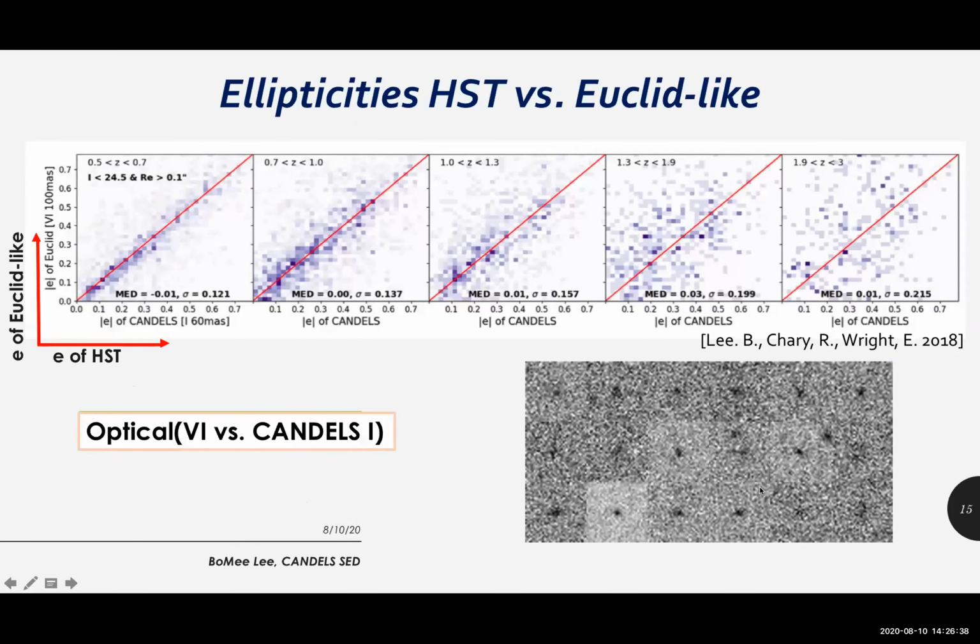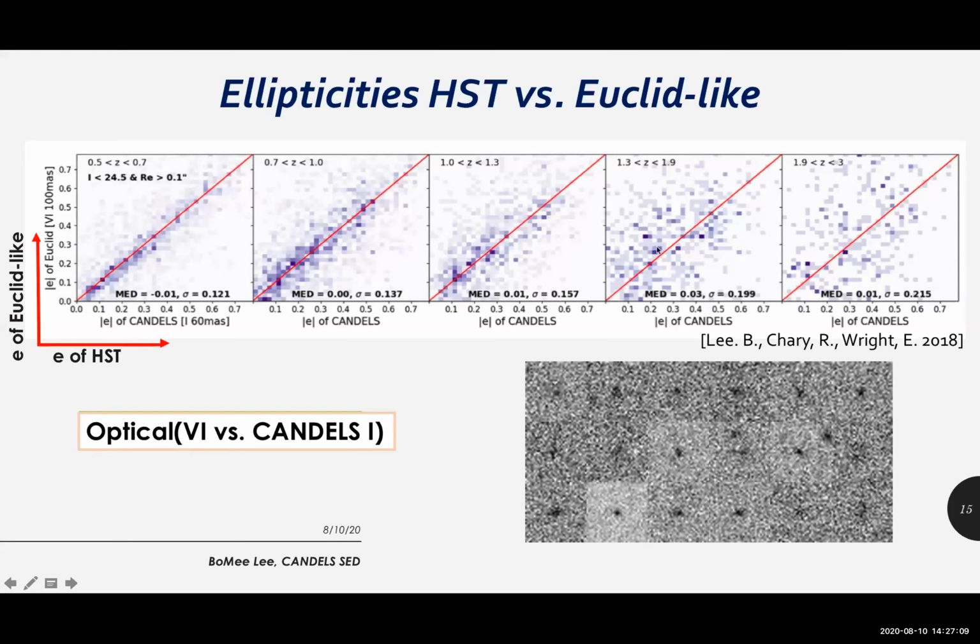Moreover, in our 2018 paper, we investigated the value of near-IR imaging for constraining the ellipticity of galaxies using simulated Euclid images. Euclid-like images are constructed from co-added HST data because we don't have Euclid images yet. Here we show comparisons of ellipticities measured between CANDELS and the Euclid images in 5 redshift bins from 0.5 to 3.